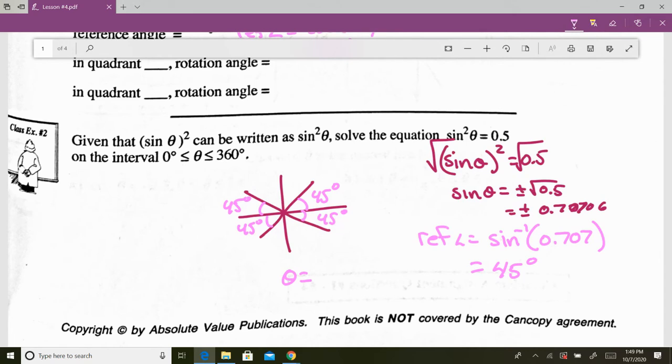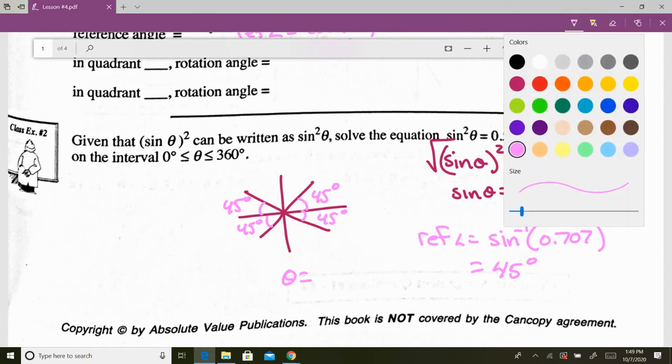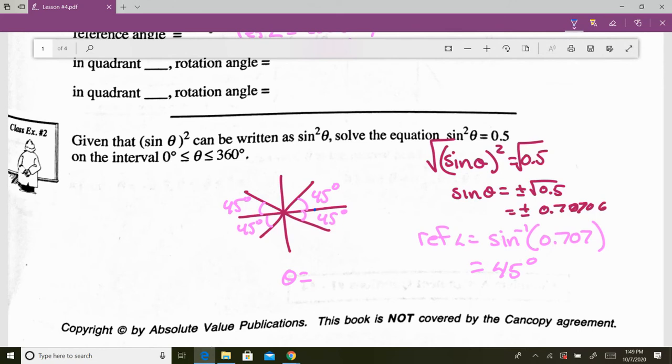So now I want the rotation angle, which is essentially start here. What angle to get there? 45, that was pretty obvious. What angle to get to there? 135.